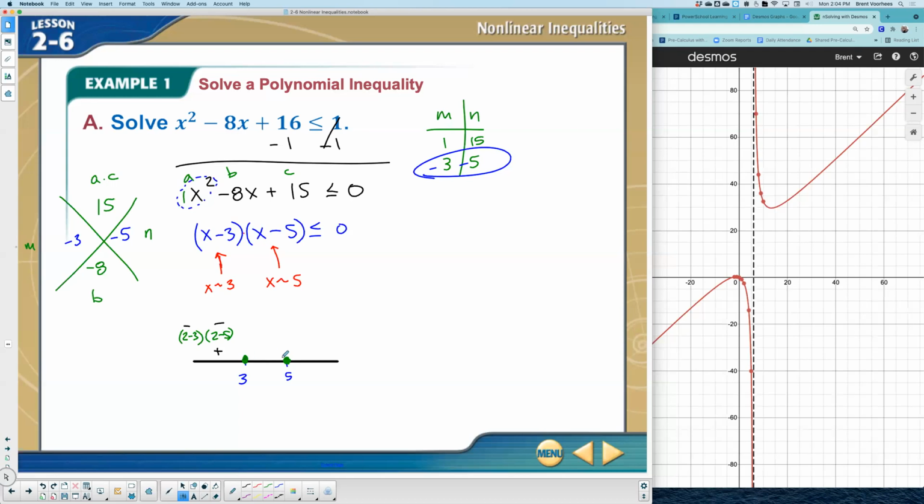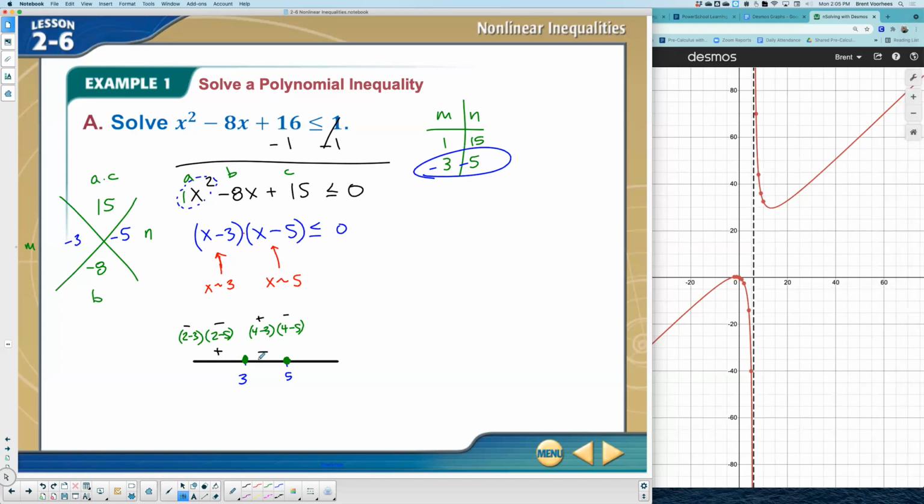No. Okay, now someone pick a number between 3 and 5. How about 4? So we have 4 minus 3, and we would have 4 minus 5. What is 4 minus 3? A positive or a negative? It's a positive. What about 4 minus 5? So a positive times a negative is going to be negative.